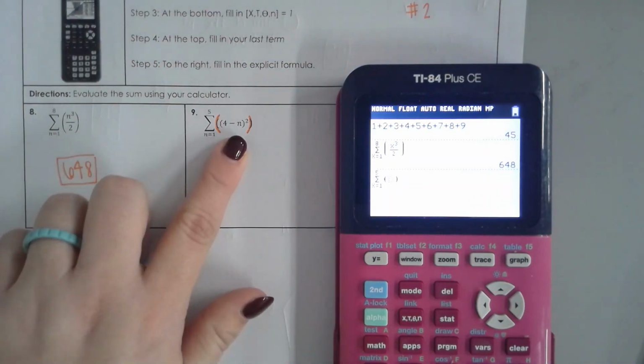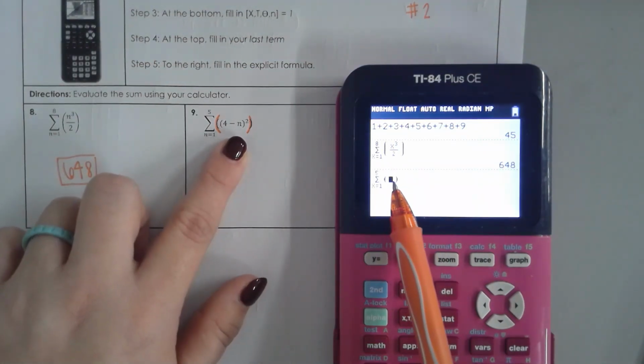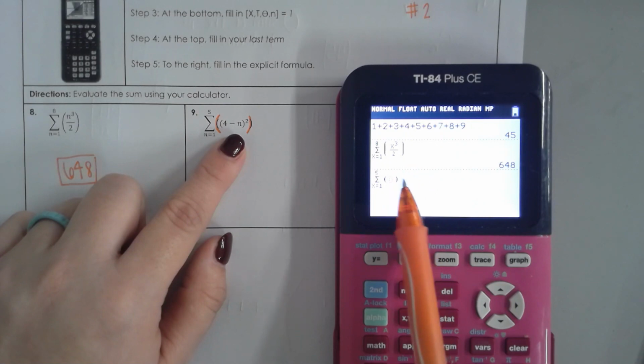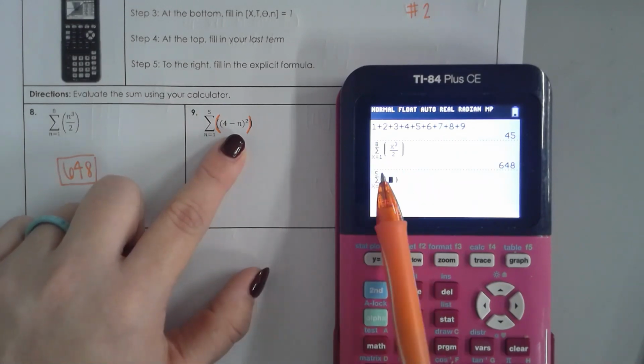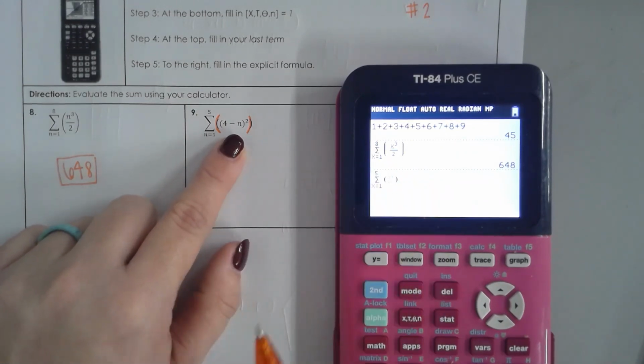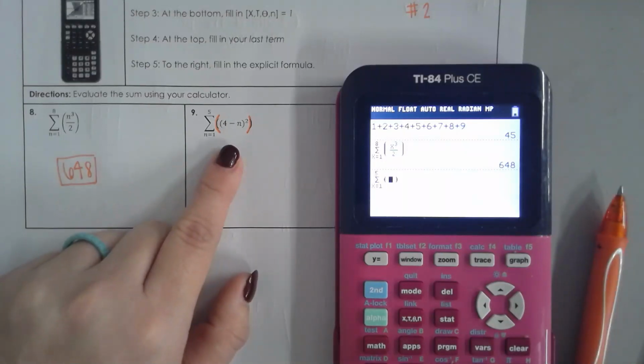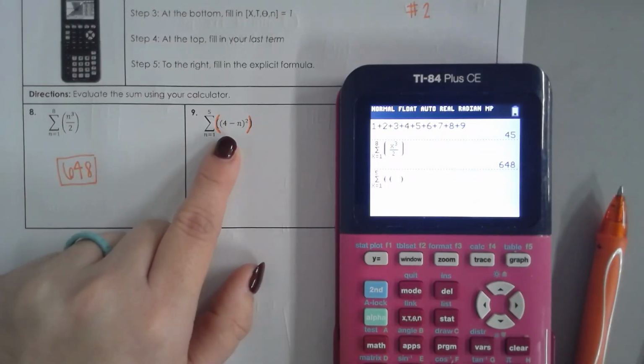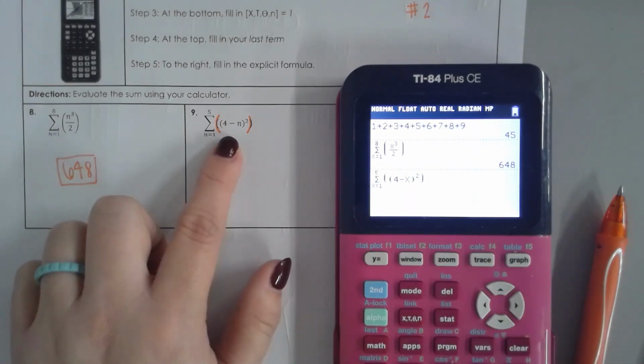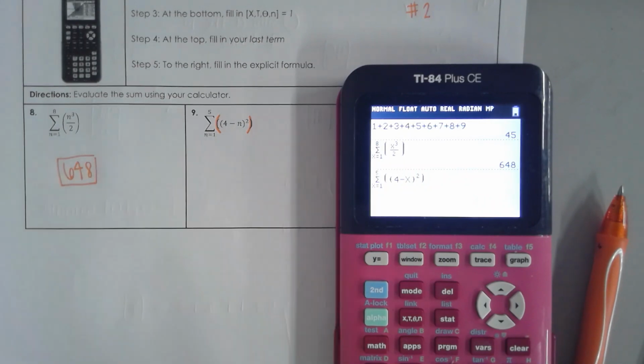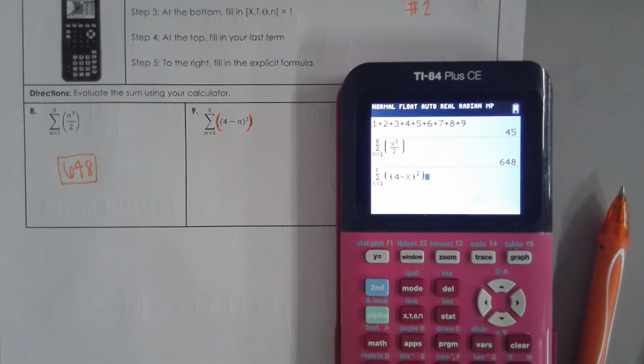So that squared, I'm not going to arrow outside of these. If I put the squared outside over here, it would take the sum and then it would square that answer. So you have to be careful. I'm going to type in new parentheses. 4 minus x, close those, squared. And you get 15.